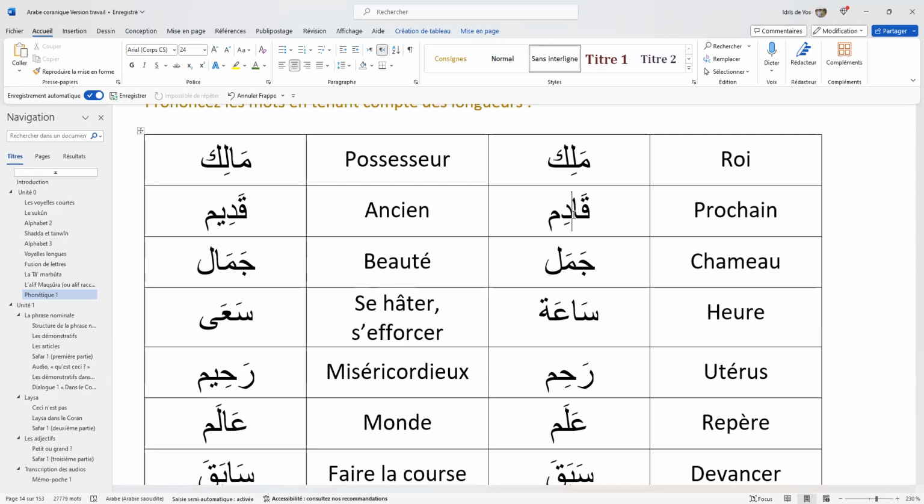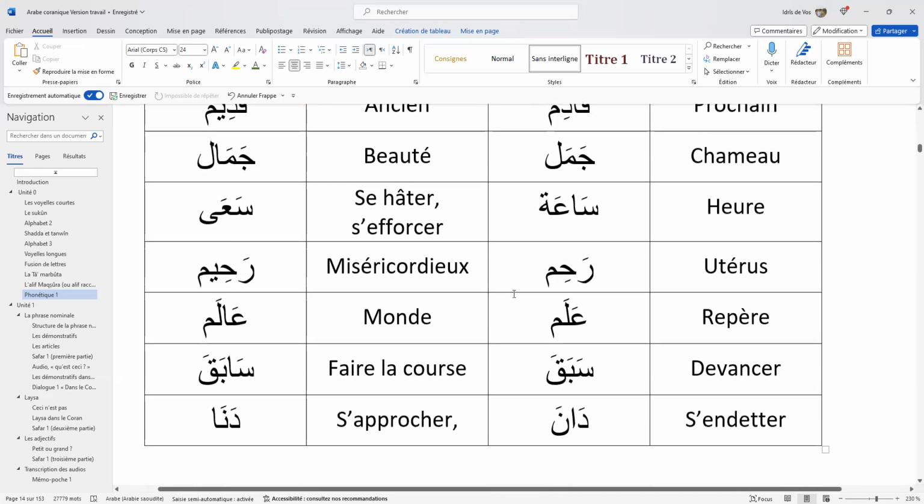And when people speak fast, it's the tonic stress that you'll hear, more than the long vowel itself. Likewise here, if I have the word Jamal, the camel, and Jamal, beauty, it's not quite the same. This one is short and this one is long.